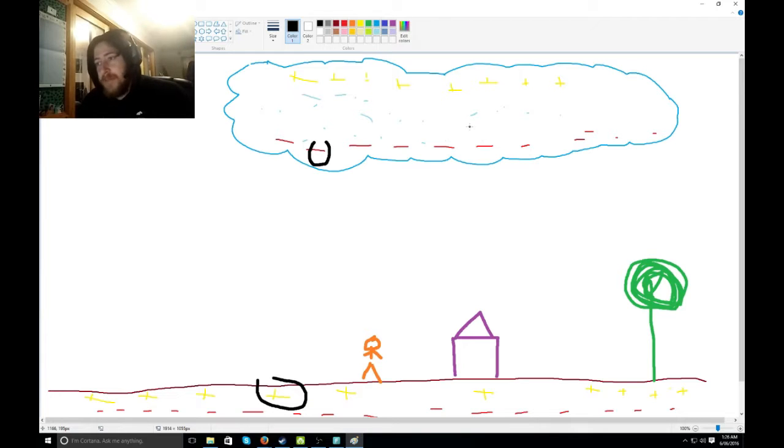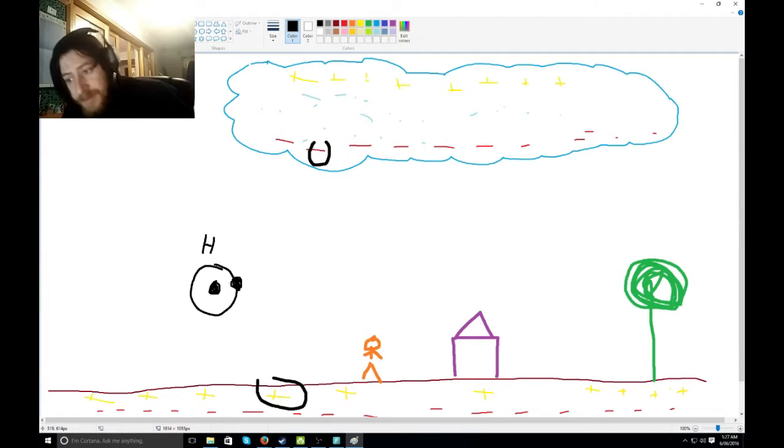So what happens in the sky? We've got hydrogen particles in and all around. We'll use these particles as an example, and we'll use the stereotypical model of an atom, which is your nucleus, and your negatively charged electron orbiting around.